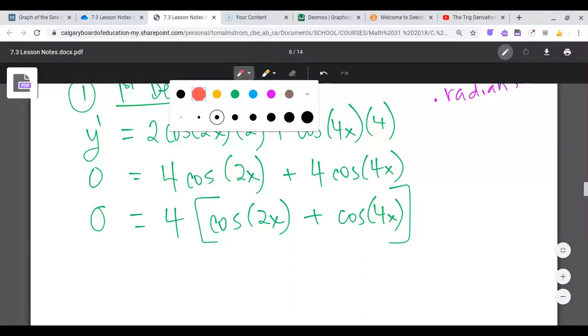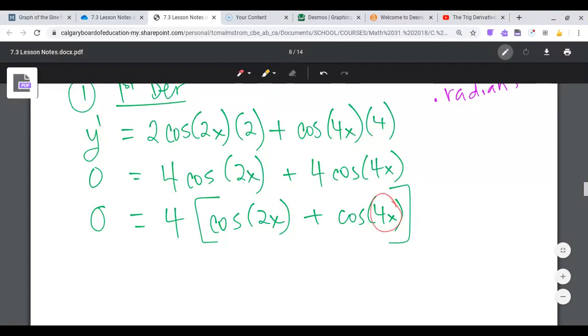This is actually a double angle identity, and so is cos 2x. Let's work with cos 2x for a minute. Cos 2x on my identity sheet is equal to 2 cos squared x minus 1. So what happens when I'm looking at the 4x?